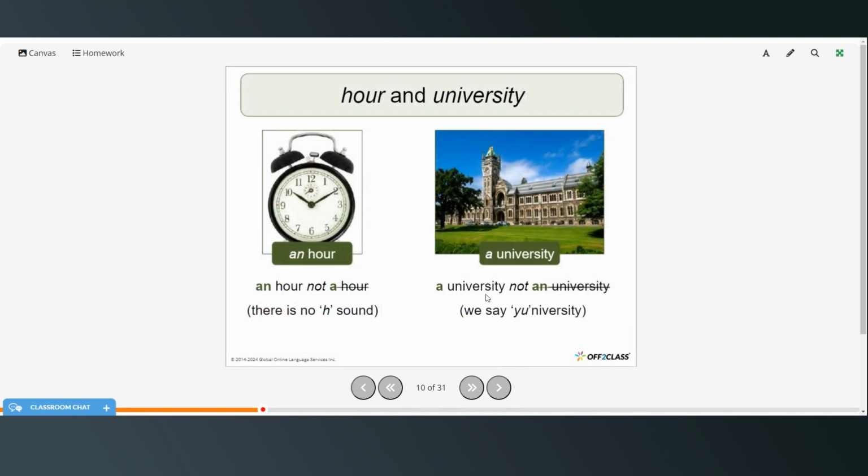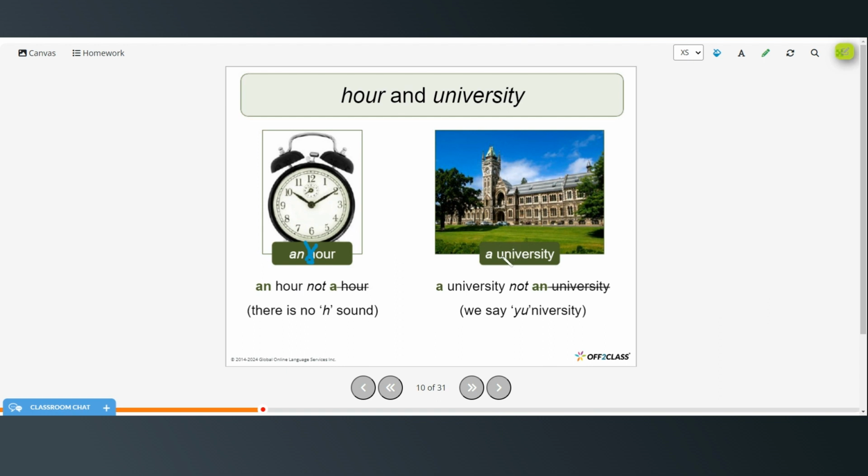Okay, there are a couple of exceptions. Now, hour, we would say an hour, even though hour starts with an H, which is a consonant, but the H is silent. So it's really not the first letter, it's the first sound. So hour, it starts with the O sound, and so that's why we say an hour.